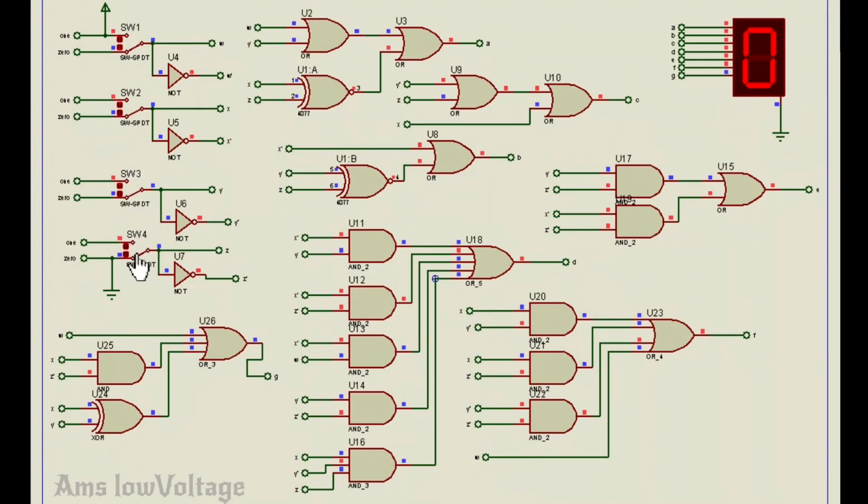So I'm keeping this one 0 0 0, and I'm changing this one to 1. Wow, this is also working. So you can see when the input is 0 0 0 1, we are getting display 1. So that means our equation is alright and the circuit is also alright.